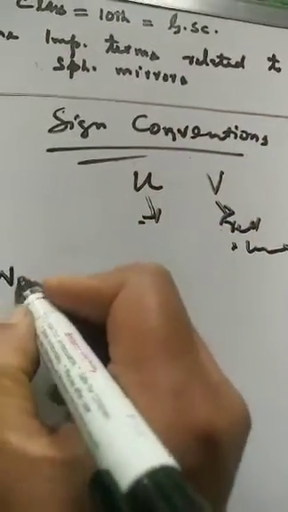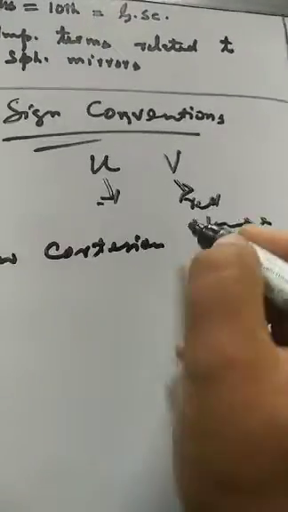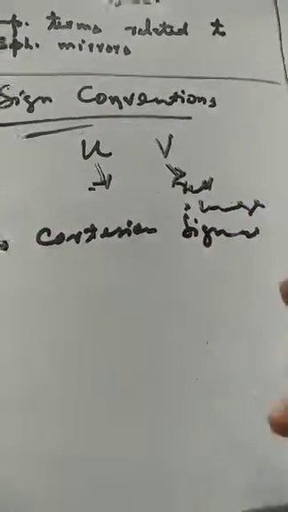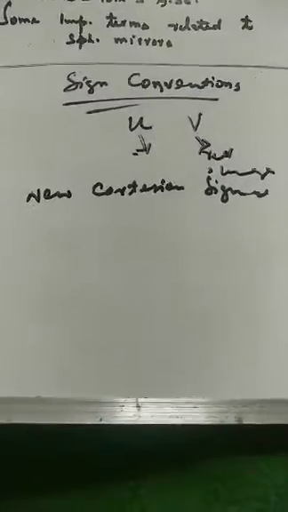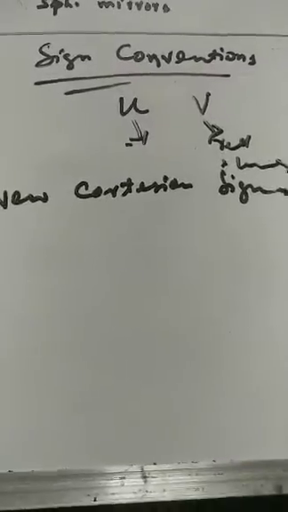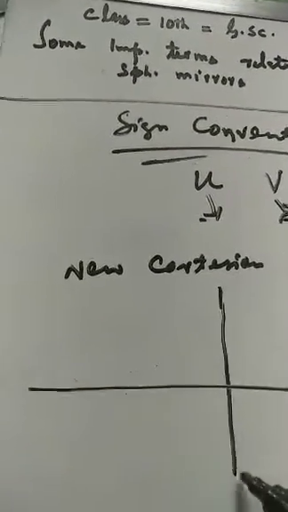इन sign conventions को बोलते हैं new Cartesian sign conventions in case of mirrors. Why are they called new Cartesian sign conventions? Because here the concept of the rectangular coordinate system comes into play.